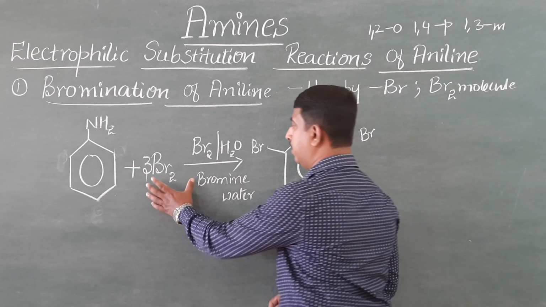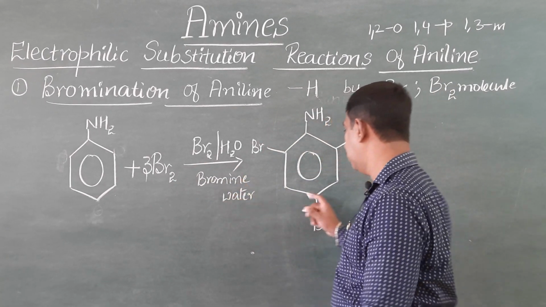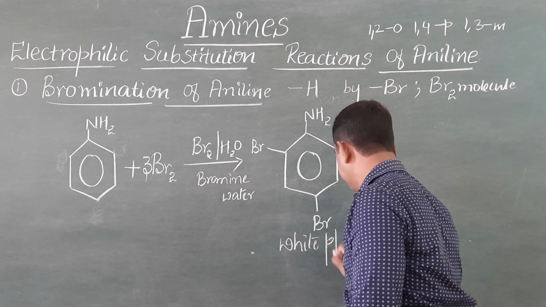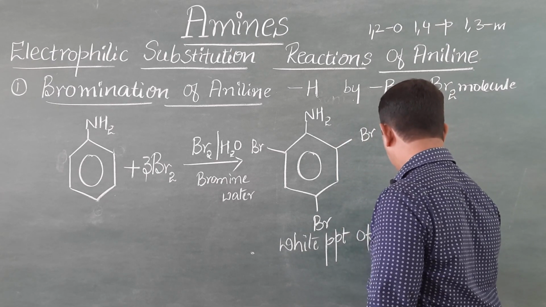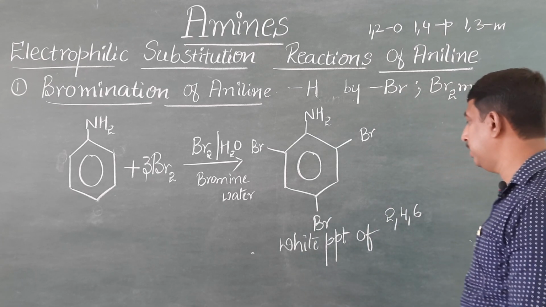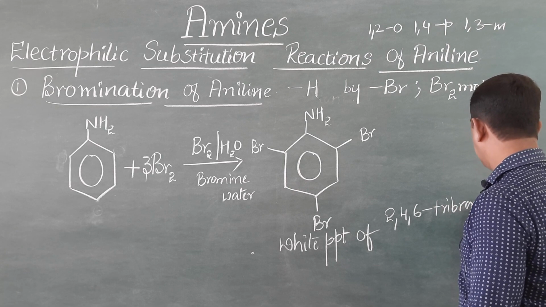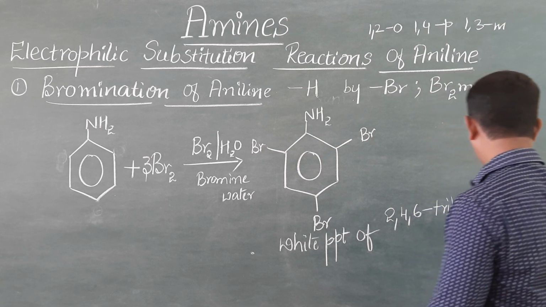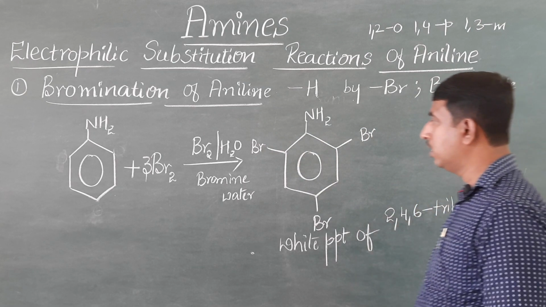So when aniline is treated with bromine water, a white precipitate of 2,4,6 tribromo aniline is obtained. There are 3 bromine atoms, 3 substituent groups, tribromo.